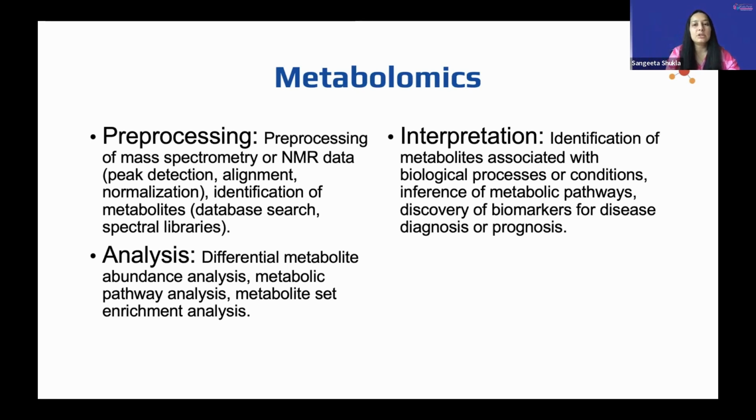And this can lead to the discovery of new biomarkers, which can be used for disease treatments or disease diagnosis, or at least just prognosis, eventually finding new personalized treatments for various diseases.